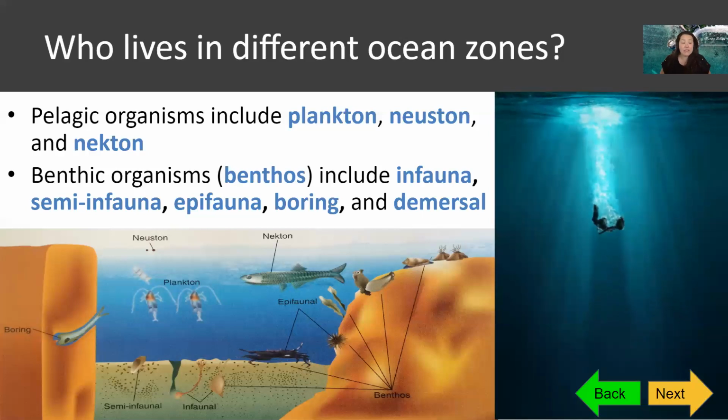Boring organisms, you can see on the left, are the organisms that bore into hard surfaces such as rock or wood or even shells of other organisms. The epifaunal organisms are things such as crabs or sea urchins that live on the surface. Demersal also are the bottom fish, such things as sole or halibut that swim along and live near the bottom of the ocean floor.